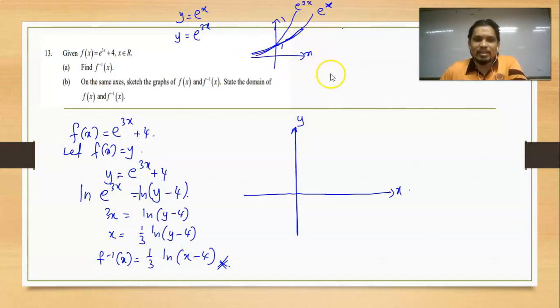Now e to the power of 3x. So the graph will be something like this. Y equals e to the power of 3x.